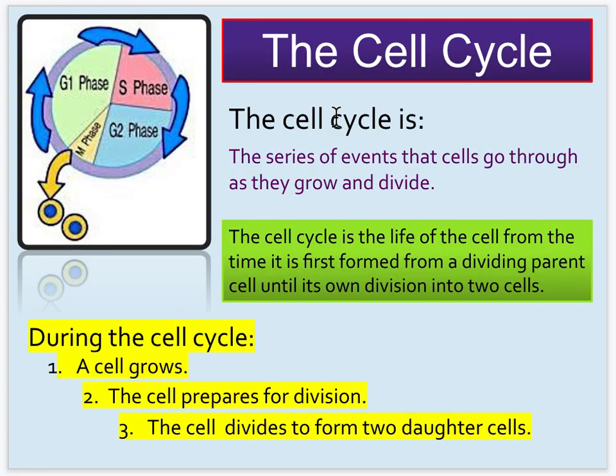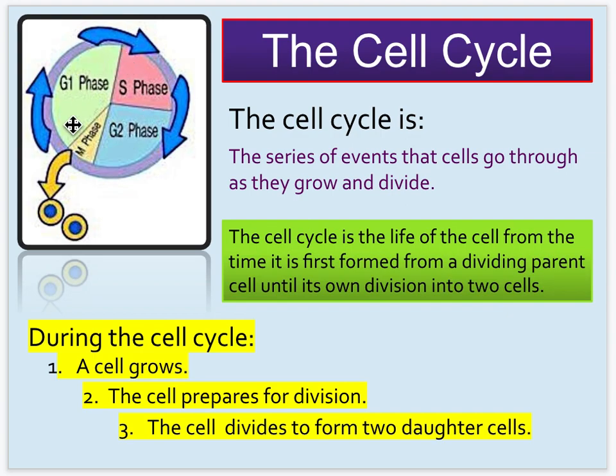So the cell cycle is this: the cell cycle goes around and around, and the G1, S, and G2 phases are all called interphase, which is a really long time period. It's basically all of the preparations being made.